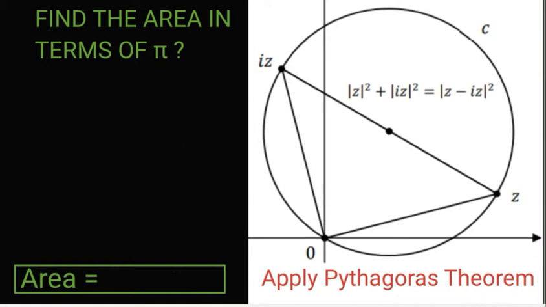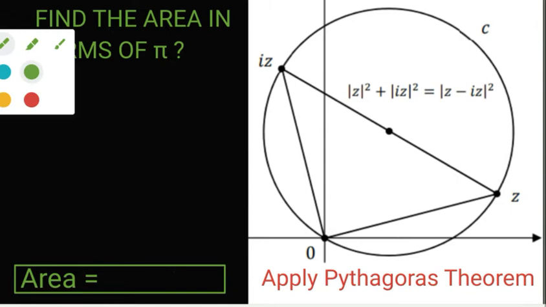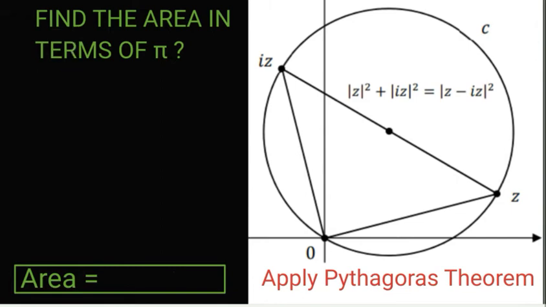So let's look at the geometry now, as if you observe that, then it will make sense. So we can say that z minus iz is actually the diameter, which is 2r. So now we can say that 2r squared is equal to the modulus of z minus iz squared, and we know that that is 80 from the previous section.